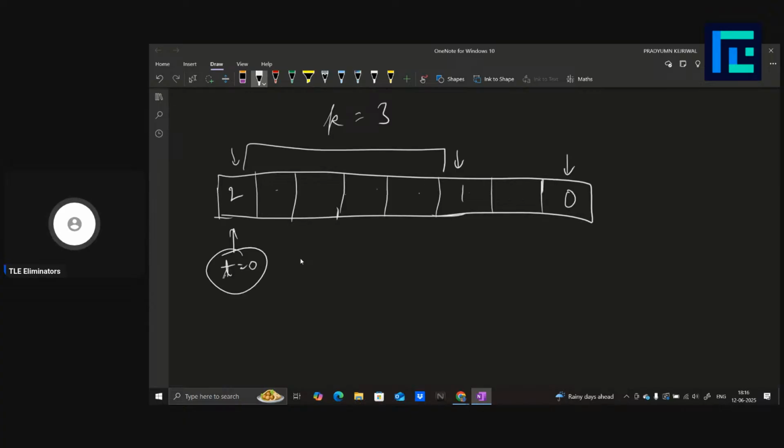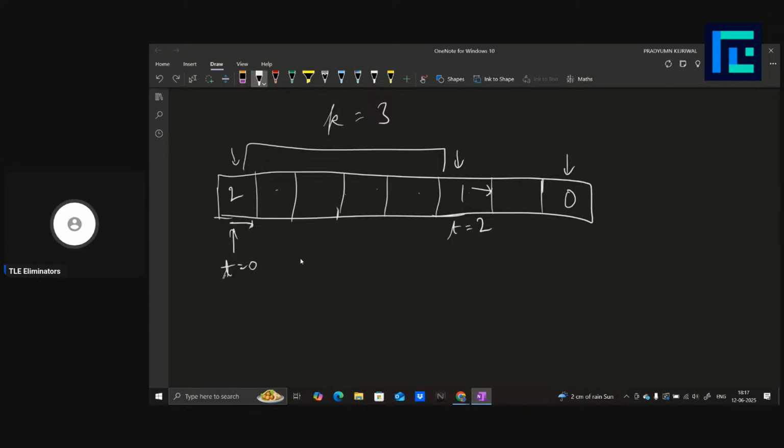So if I am at t equal to 0 here, facing this direction, when I reach this point it will be like 0, 1, 2. So I will reach here at t equal to 2, facing this direction.